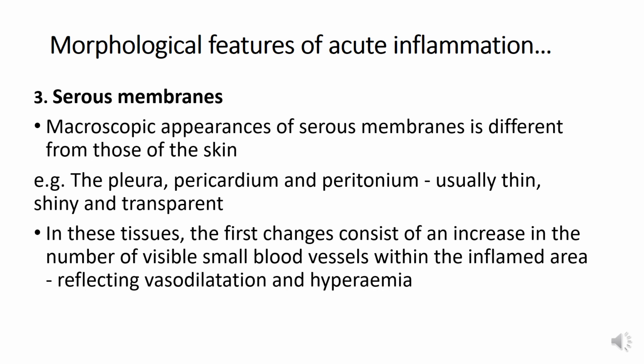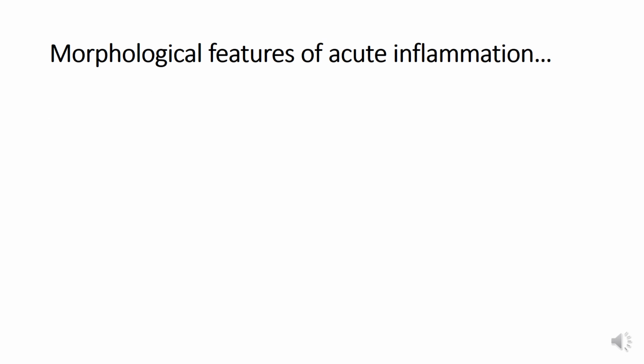The blood vessels will quickly be seen because of the vasodilatation and hyperemia, so the surface appears red. Remember, we said hyperemia is just because of the increased blood flow to the site of inflammation.